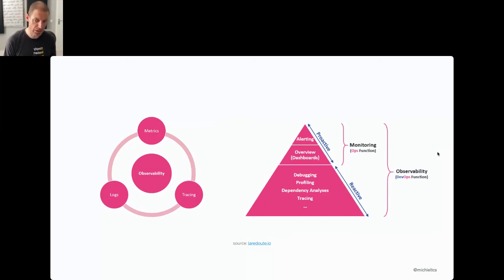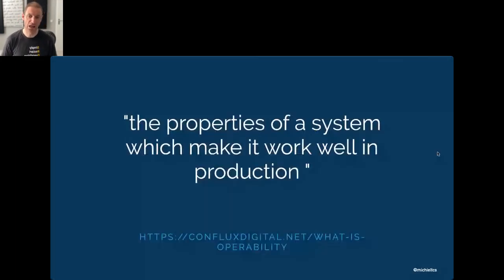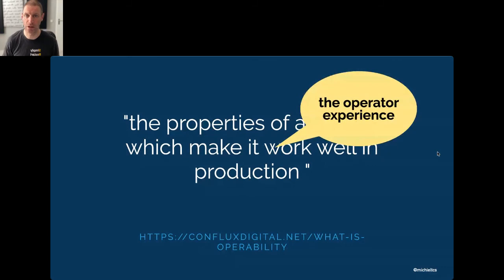Now, operability is what is defined as the properties of a system that make it work well in production, which is also called the operator experience, aka how easy is this system to use in production, not for your end user, but for you.